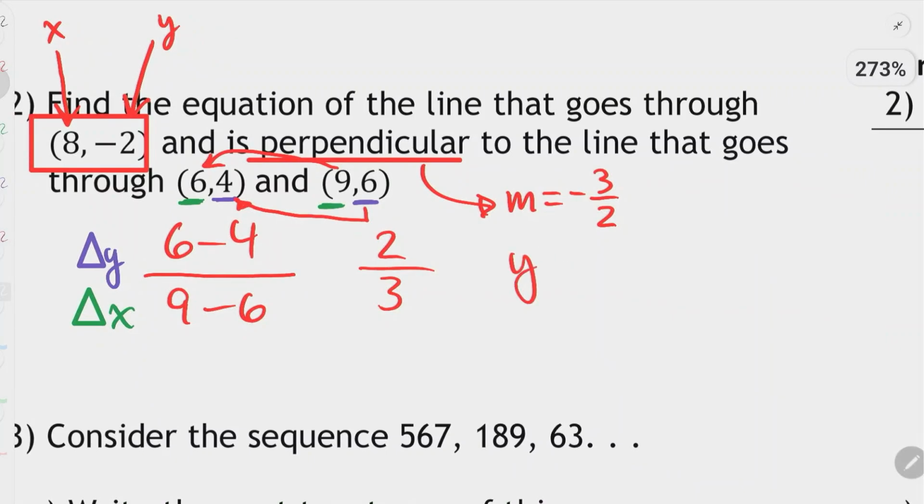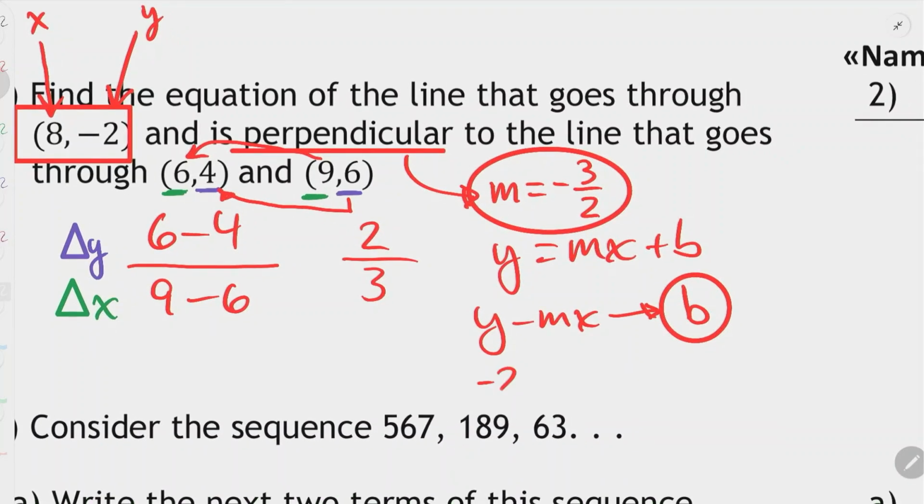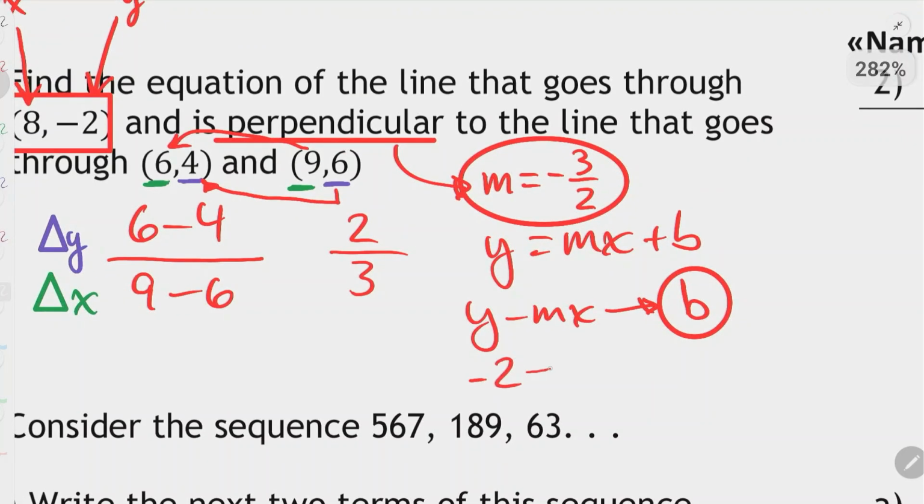So I could start with slope-intercept form, y equals mx plus b. If I take away mx from both sides, I remind myself that y minus mx is exactly b. And that's what I want right now, because I'm trying to find my y-intercept. I already know my slope is negative 3/2. I'm going to plug in the y value that I know, which is negative 2, minus, and then open parentheses, my slope negative 3/2, close parentheses, multiplied by 8.